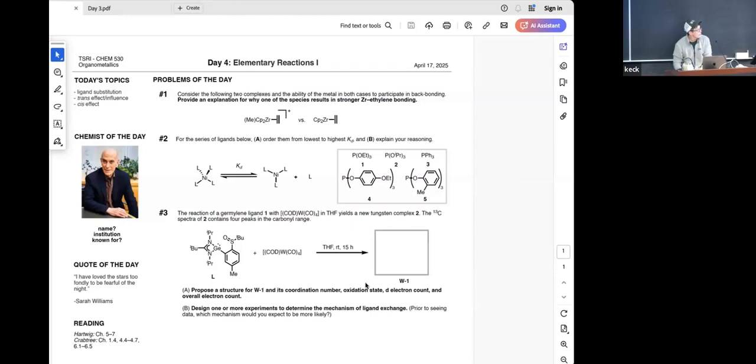Question number 2 is foreshadowing some of what we will cover with ligand exchange. It's asking you to consider the equilibrium between a tetra-coordinated and tri-coordinated nickel center with various phosphine/phosphite ligands, and asking for each of these ligands where you might expect the equilibrium constant to lie, and then to rank them.